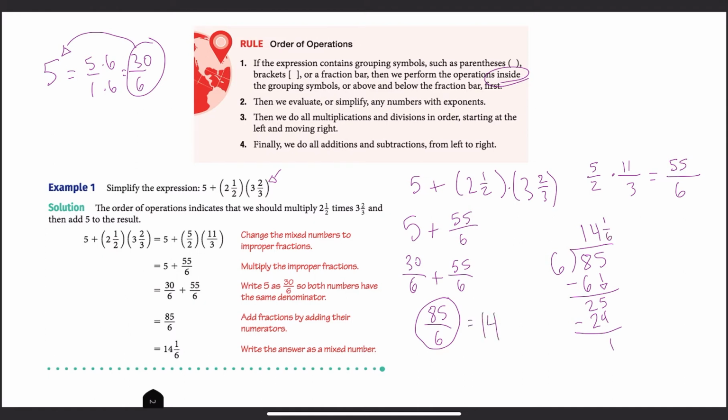So this is also a good answer, and this is probably the preferred answer. You'll get full credit for both, but you need to know how to turn improper fractions into mixed numbers for when you need to, such as word problems. You absolutely have to turn it back into a mixed number so that it makes sense, typically in the context of the problem.